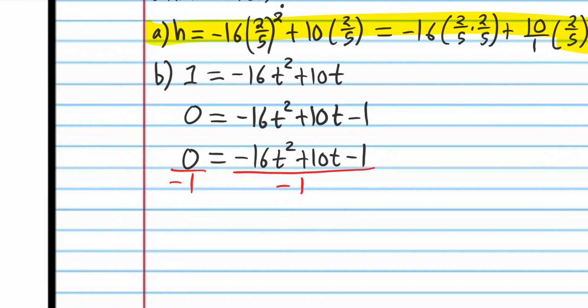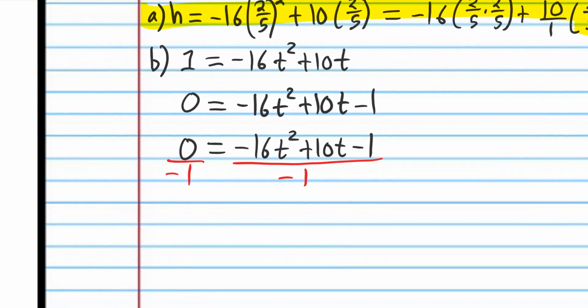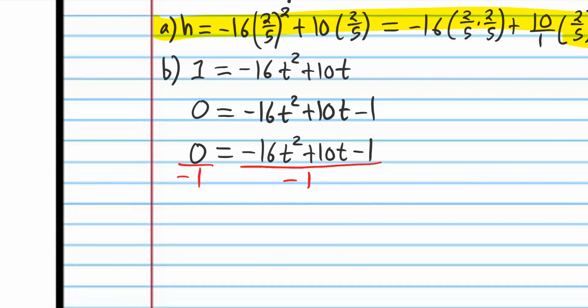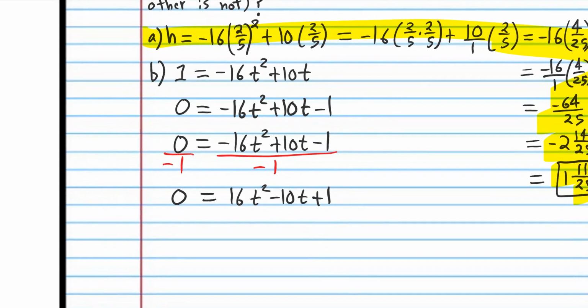So we're going to divide both sides by a negative, and that's going to make the opposite sign. So we have 0 is equal to +16t squared minus 10t plus 1. So notice all the signs changed. So now we're going to factor, and I'm going to try 4t times 4t, because 4 times 4 is 16.